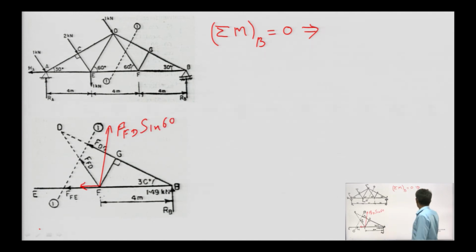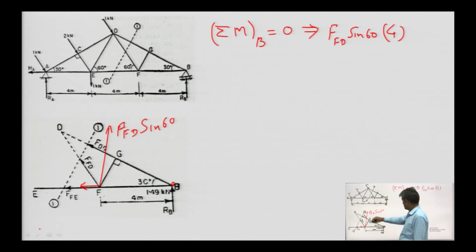So, this component F_D sin 60, and the perpendicular distance for point B is 4. It is clockwise, so take it as negative, and that equals 0.